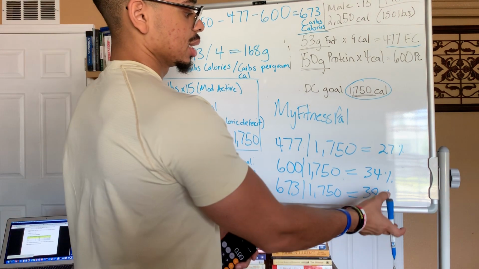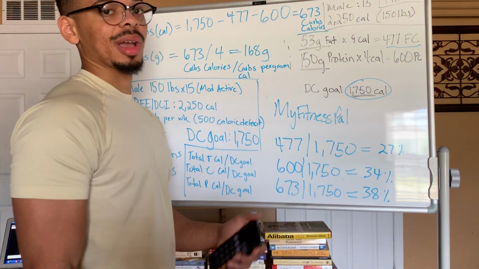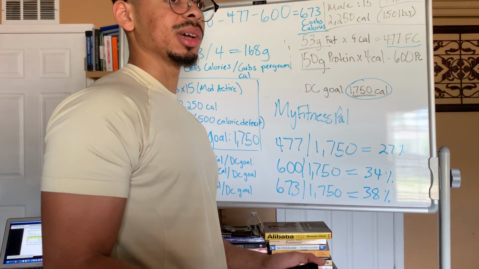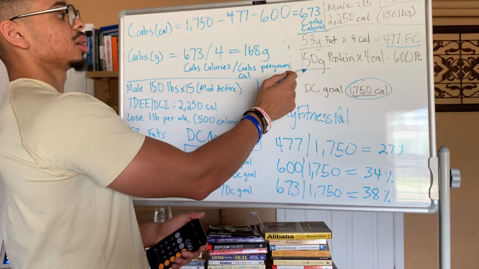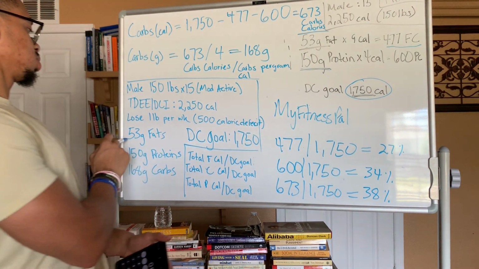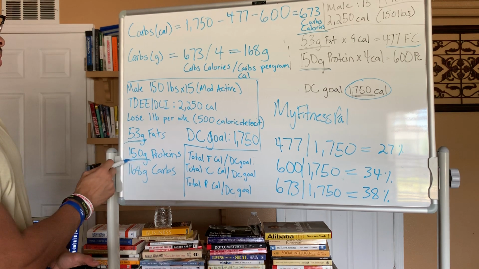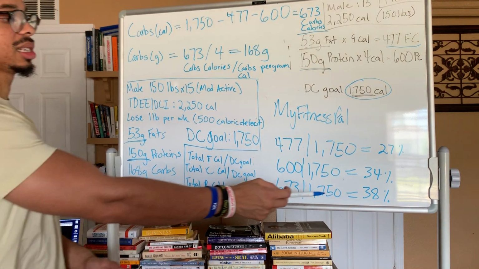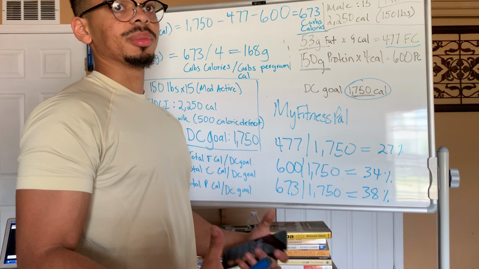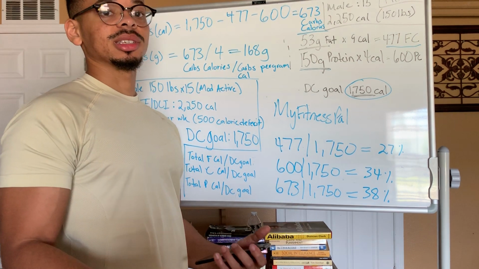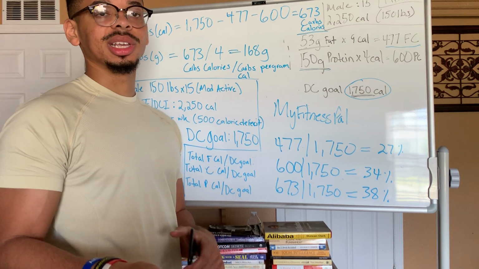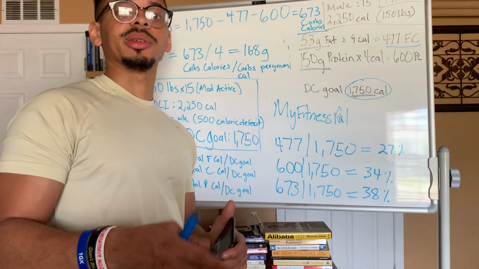What I would do in this instance, sometimes you're going to need to round up and round down because MyFitnessPal only does certain numbers. The only thing you would really need to look at is your grams, so focus on the grams that you need to consume and you'll pretty much be good. MyFitnessPal only wants you to put in increments of 5.